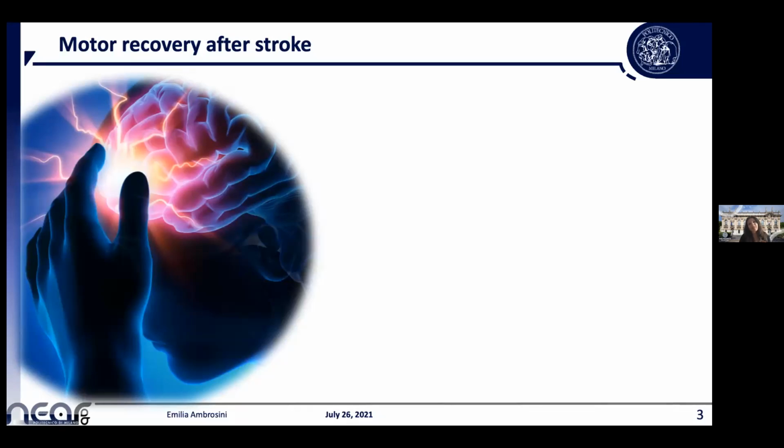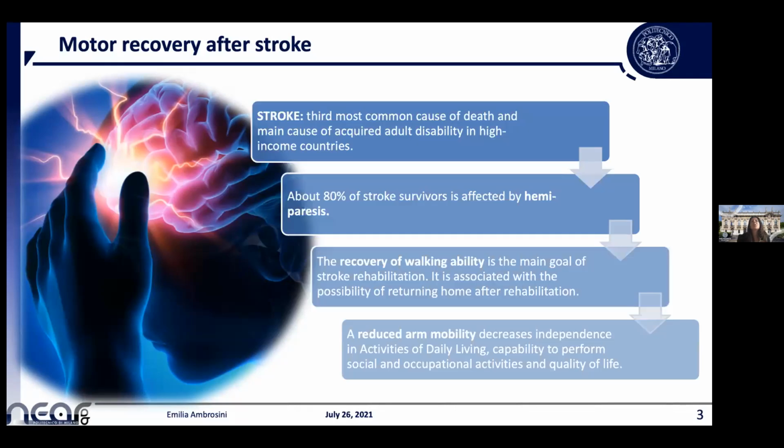I'm pretty sure that all of you know that stroke is the first most common cause of death and the main cause of acquired adult disability, and that about 80% of stroke survivors are affected by hemiparesis. That means that they have an affected arm and an affected leg.